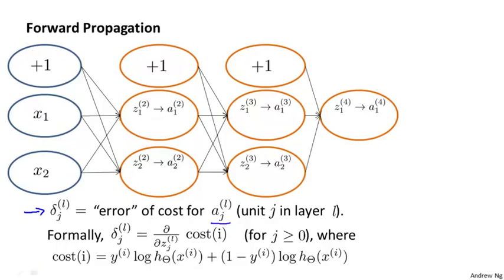More formally, and this is maybe only for those of you that are familiar with calculus, the delta terms are the partial derivative of the cost function with respect to z superscript l subscript j, that is, this weighted sum of inputs that we're computing, these z terms. So concretely, the cost function is a function of the label y and of the value h of x output by the neural network.